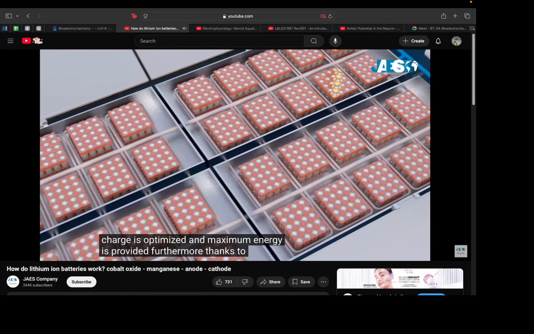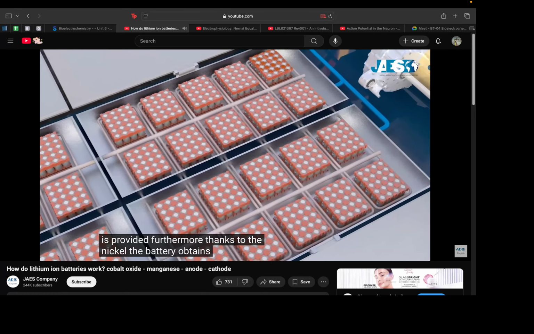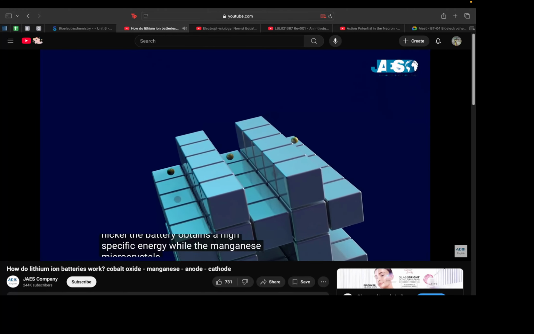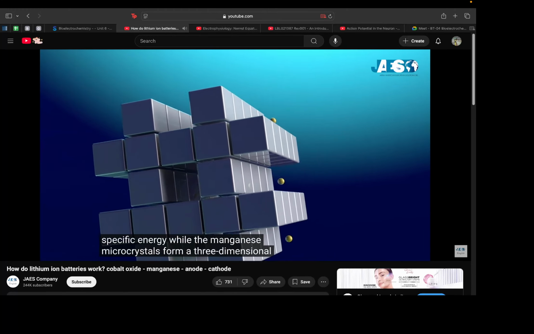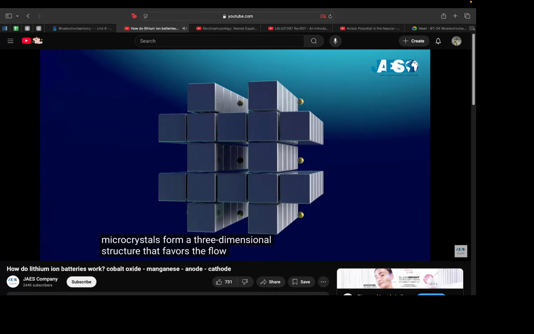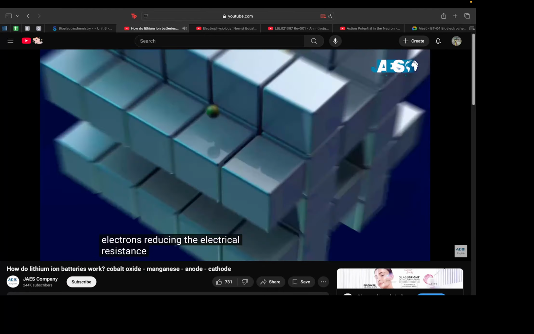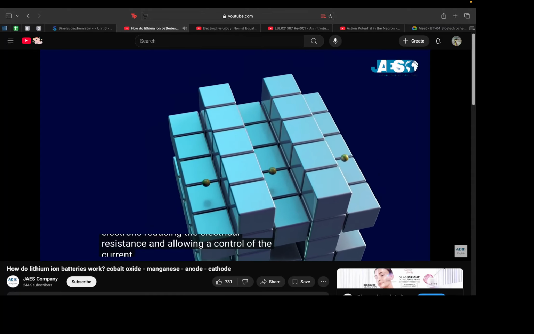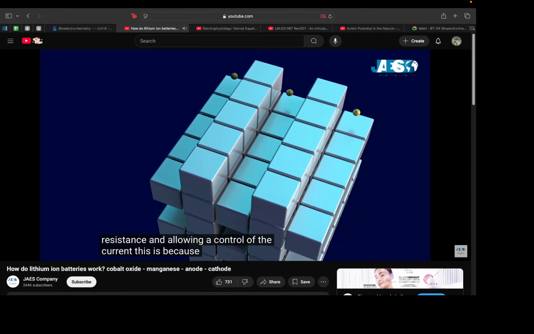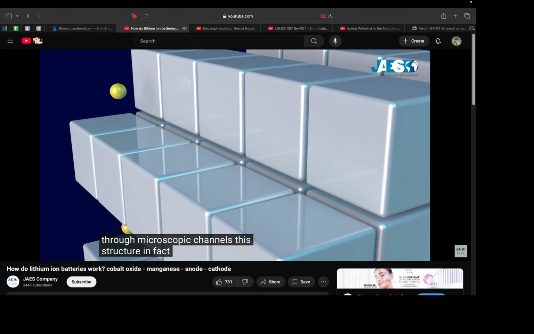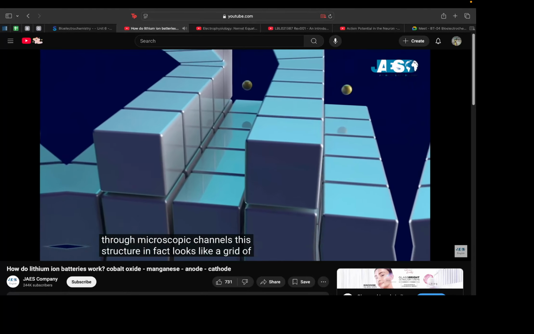Furthermore, thanks to the nickel, the battery obtains a high specific energy, while the manganese microcrystals form a three-dimensional structure that favors the flow of electrons, reducing the electrical resistance and allowing a control of the current. This is because electrons pass through microscopic channels. This structure, in fact, looks like a grid of crystals.